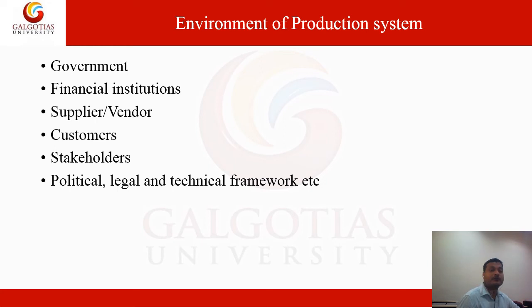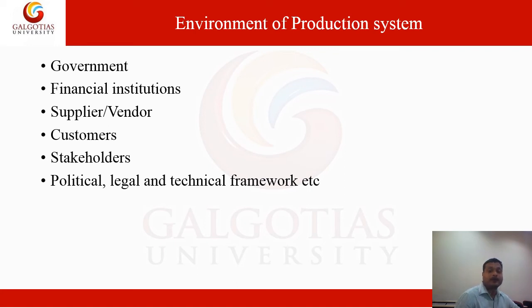Every production system operates on the basis of the rules and regulations given by the government, or the local body or the municipality, wherever this production unit is operating. And financial institutions are also part of this production system. Whenever we try to expand our business, we need to raise some funds, or sometimes we need to borrow some money. So in that case, financial institutions and their role are important in the production system.